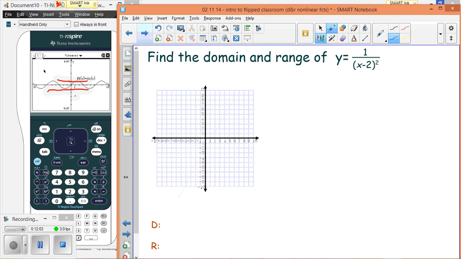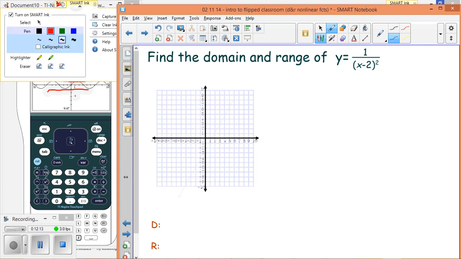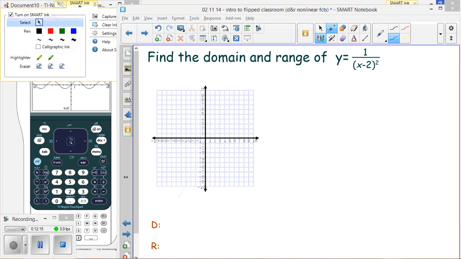And we have our final one. Find the domain and range of y equals 1 over x minus 2 squared. This is the strangest one that we're going to look at today, and that's why we have saved it for last.